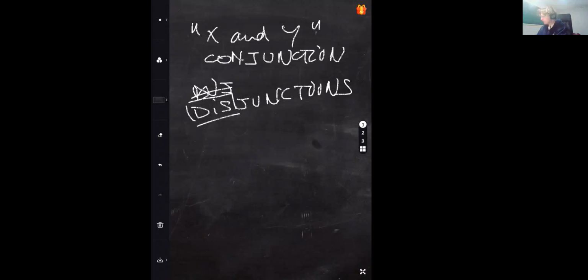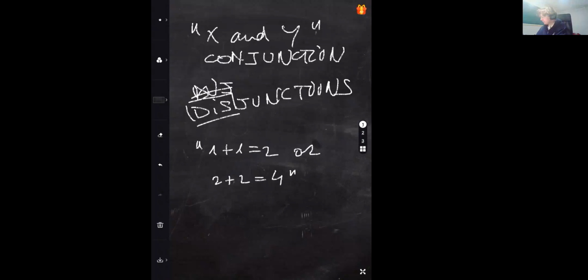Disjunction means something like apart, right? So X or Y is true if either X or Y is true or both. For instance, 1 plus 1 equals 2, or, I don't know, 2 plus 2 equals 4 is true.